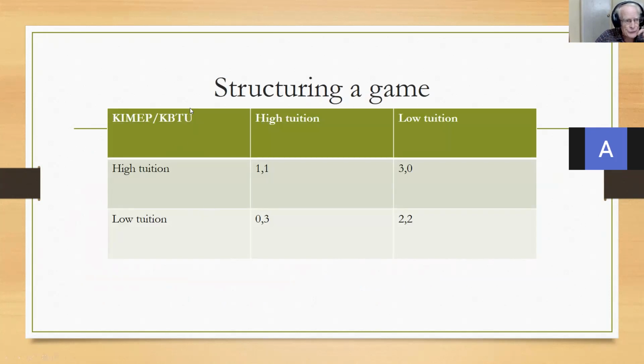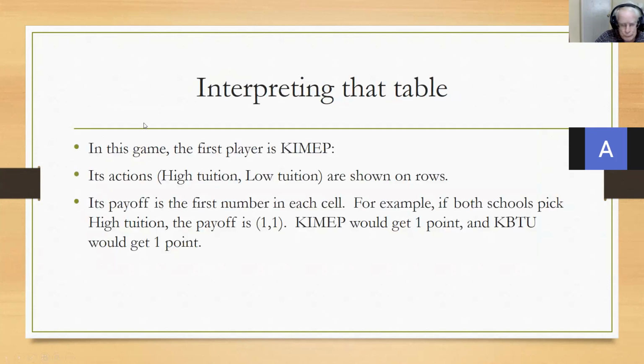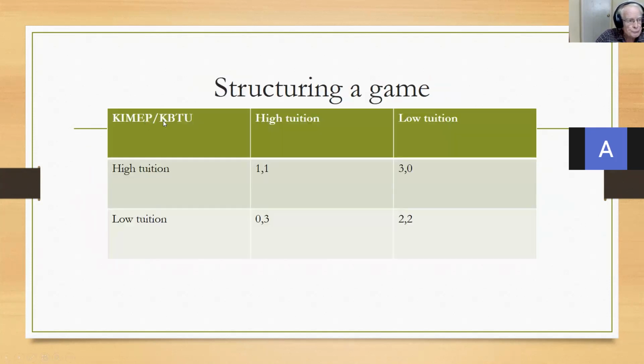So here is the structure of a game. Many of you are already familiar with this, so if you would indulge me for a few moments to teach students who are not familiar with games. In the upper left-hand corner, we list the players, player 1 and player 2. In this case, player 1 is CNET, and player 2 is KTTU, our rival.